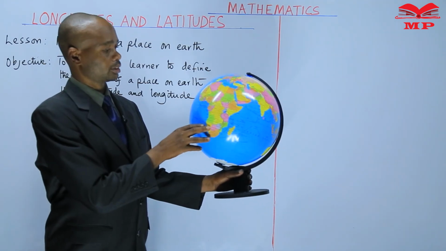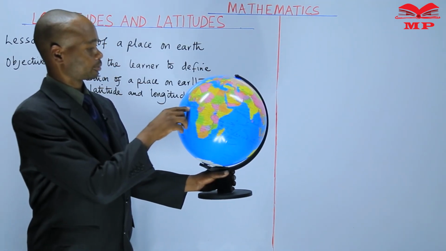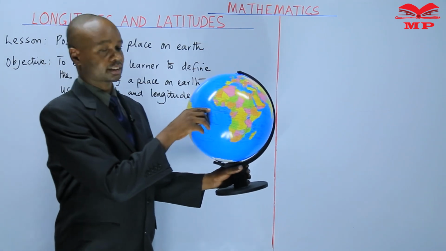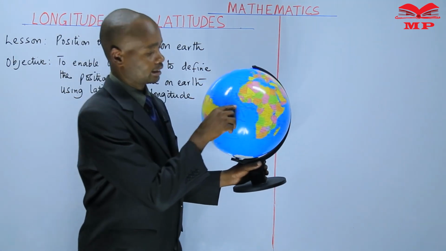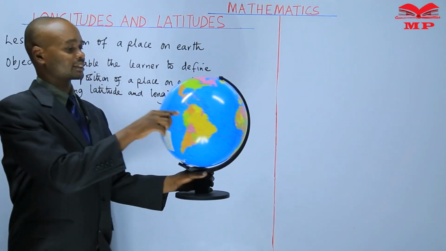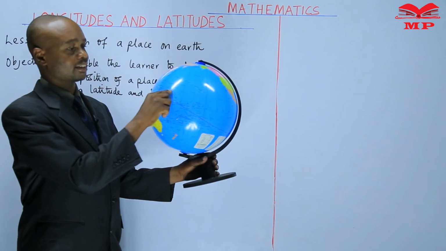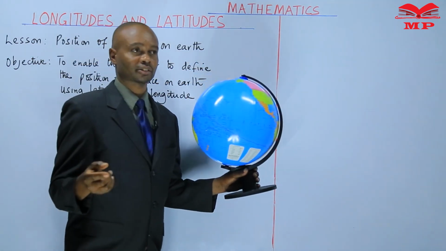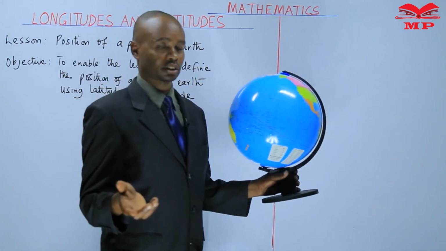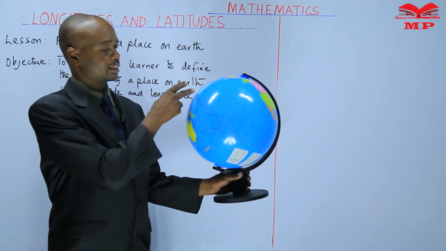Like this position here, it is on the equator, learner. But there are so many other places on that latitude. Like if I just say that position is 0 degrees on the equator, I should define exactly where it is.